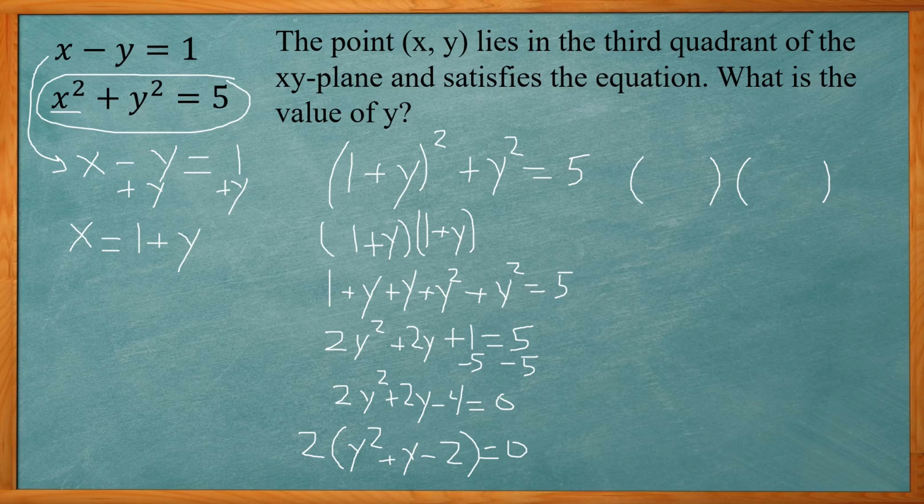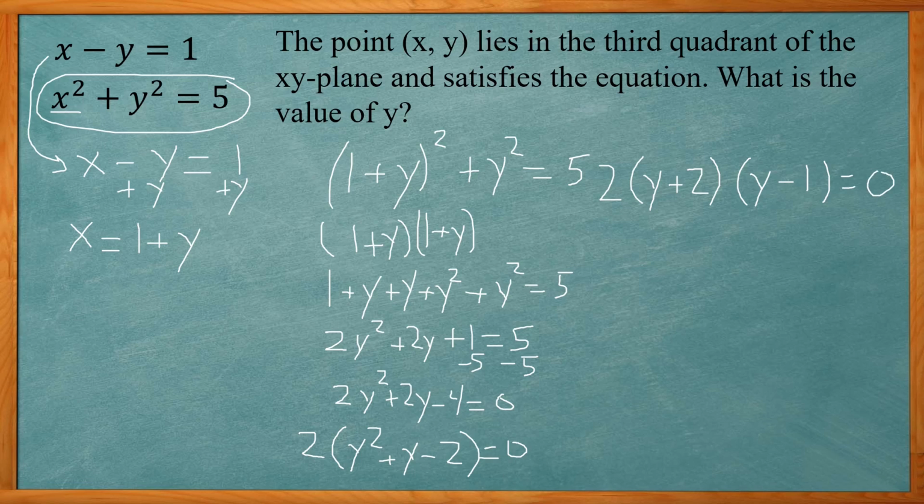I need 2 numbers that multiply to give me negative 2 and add up to 1. So I know I'm going to have a y in the first spots. And then I'm going to have a 2 and a 1, and the 2 needs to be positive and the 1 negative. So that's going to be 2 minus 1 to give me the 1y, and 2 times negative 1 to give me the negative 2.